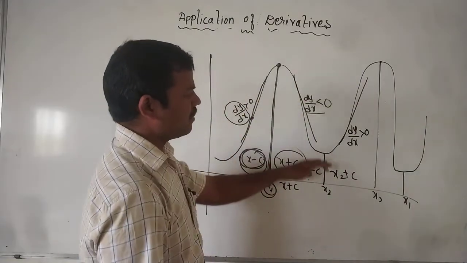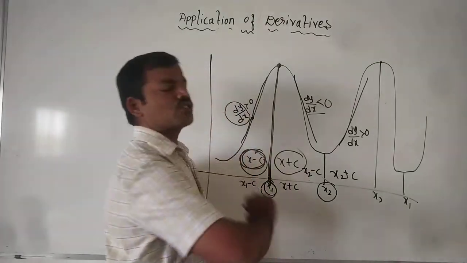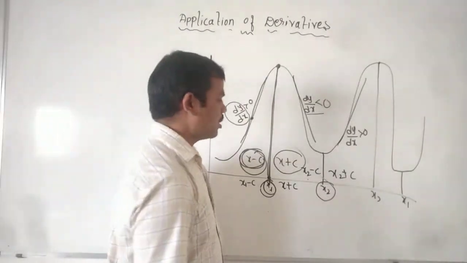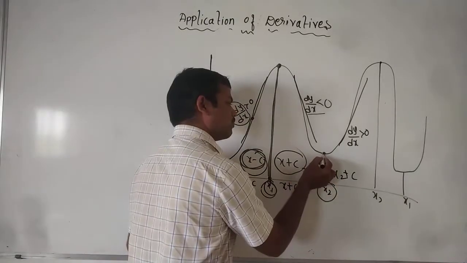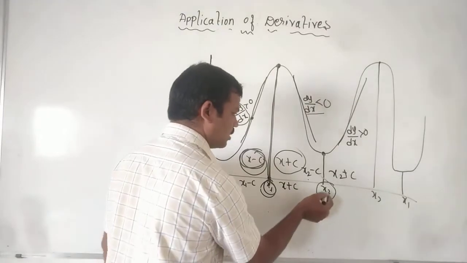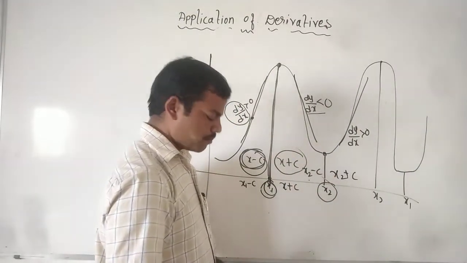So if this behavior happens, then we say that x2 is the minimum point, and the corresponding value of x2 is called the minimum value.